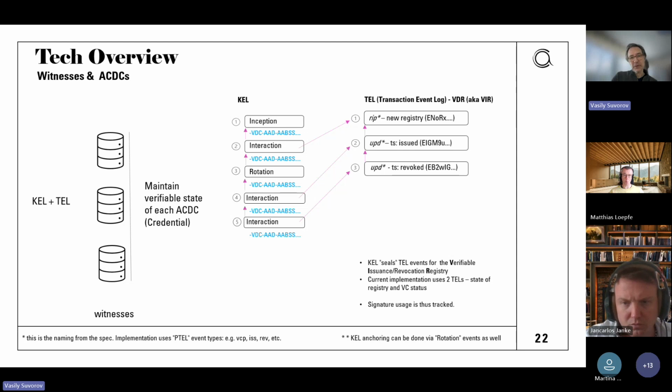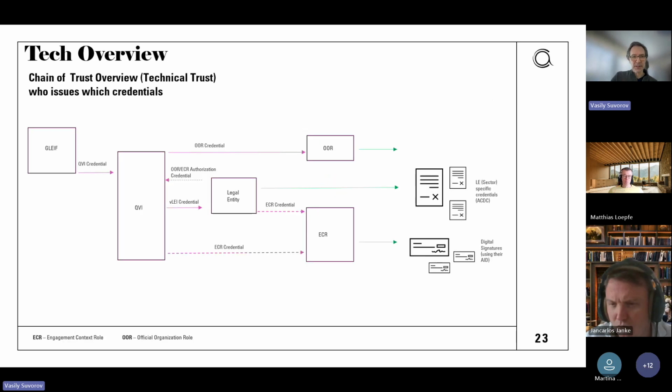First we create the registry, and then we issue a credential, and we can revoke it and so on and so forth, right? Currently the witnesses store both KELs and TELs. And there is now a bit of a debate whether or not they should be separate. That's how it works today.